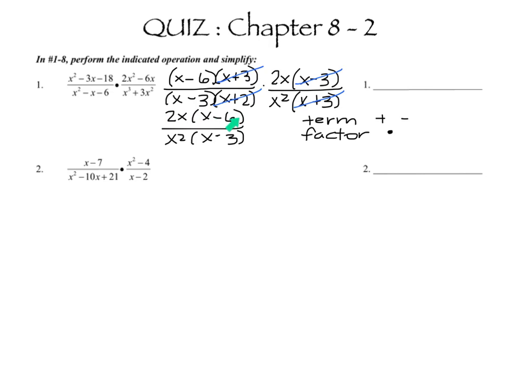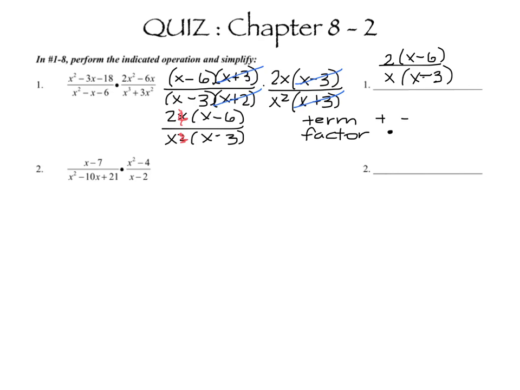It's one term. Same thing here. This is one term with x times x minus 3. So a factor of x can cancel with a factor of x, which would then leave me 2(x minus 6) over x minus 3. Remember on the test to make sure you're talking to yourself about factors and terms.